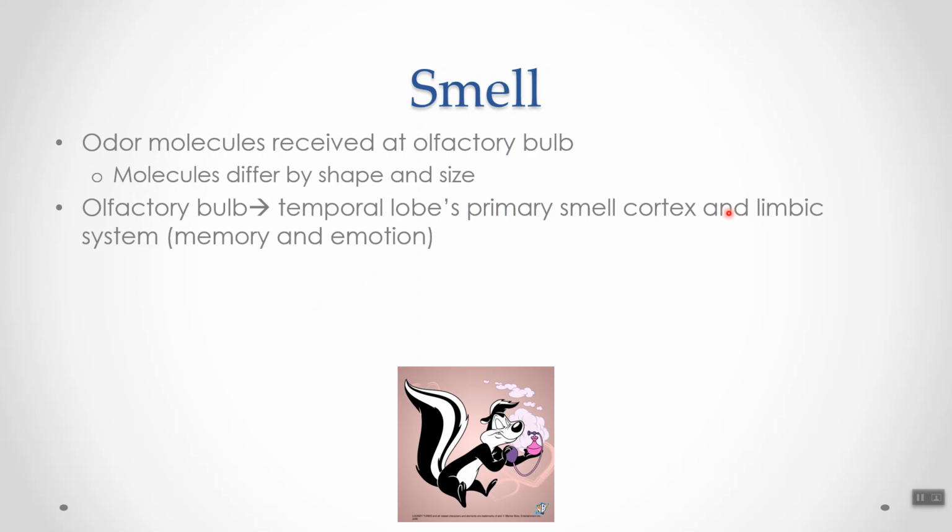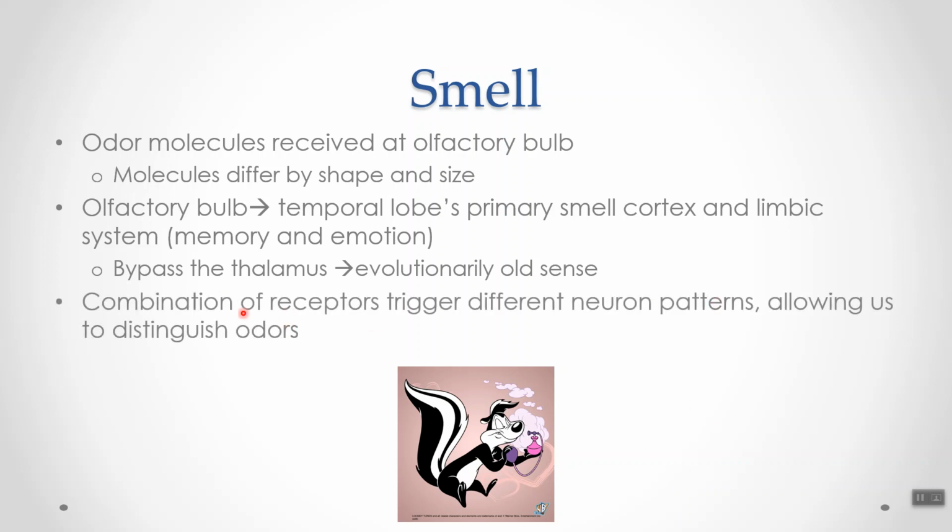Remember, other parts of your limbic system are the hippocampus, important in episodic memory and emotional memories. The amygdala is important in interpreting emotions. And then you have your thalamus, hypothalamus, okay? And so, right, bypassing the thalamus, we think it's because it's an evolutionarily old sense. So it's existed for a while.